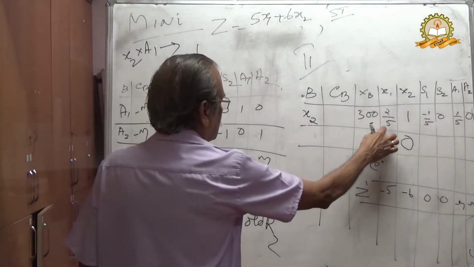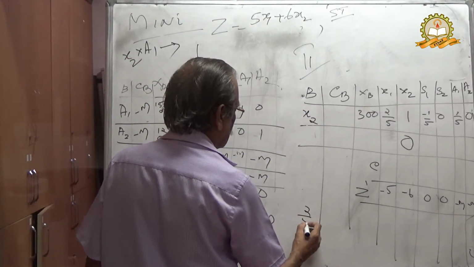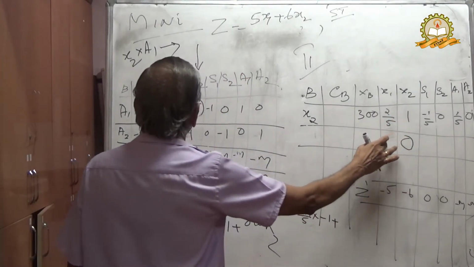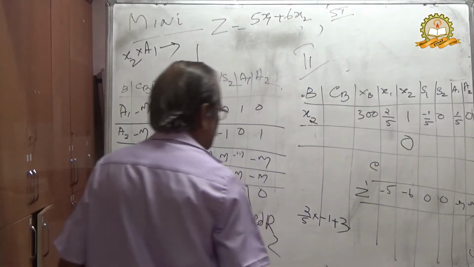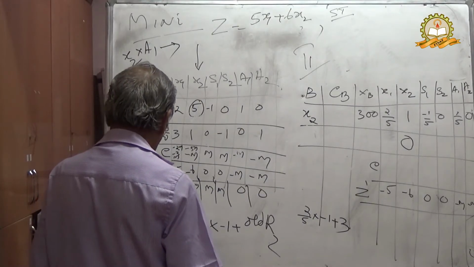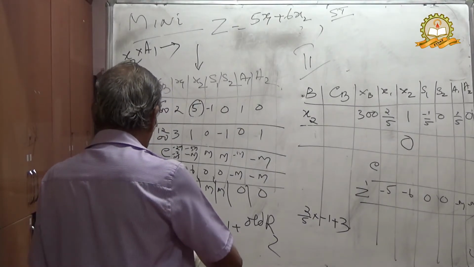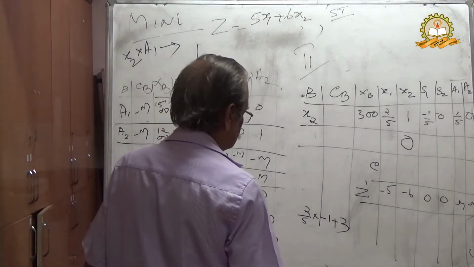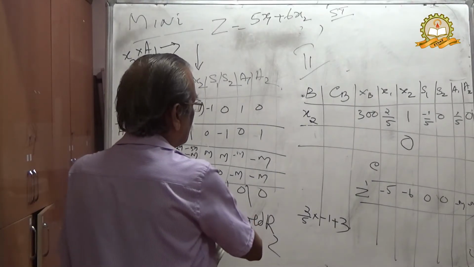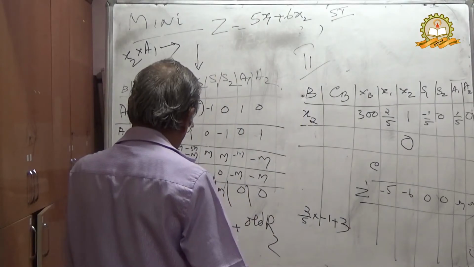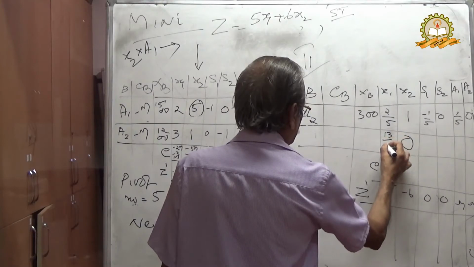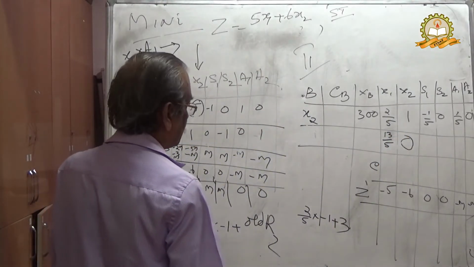Here it is already 2 by 5. 2 by 5 into negative 1 plus old 3, equal to 13 by 5.